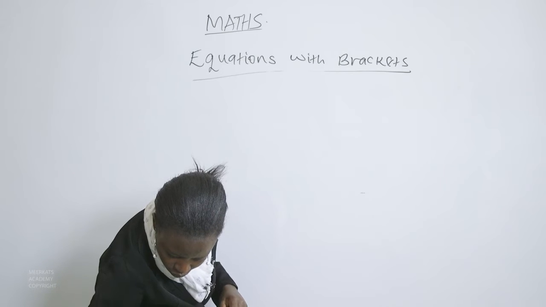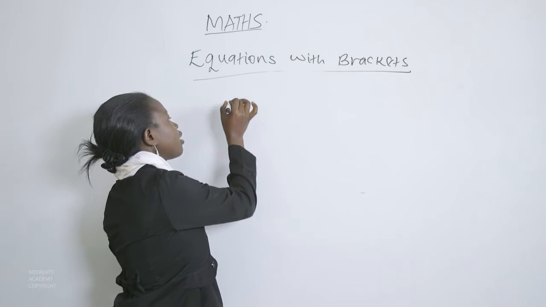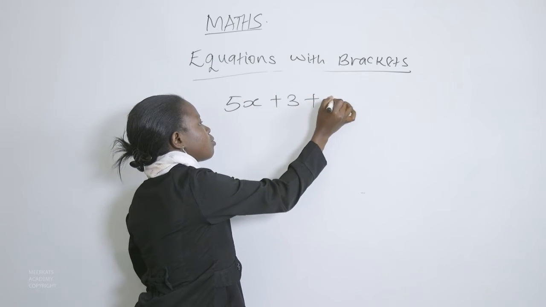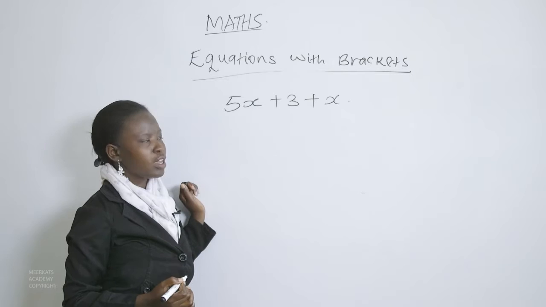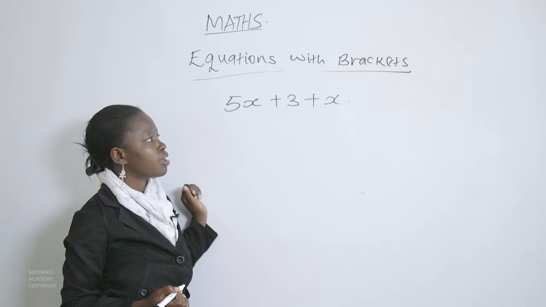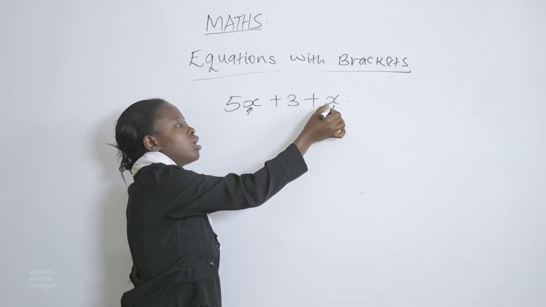Another expression that requires us to simplify, we have 5x plus 3 plus x. So that is an expression in which we need to collect the like terms. In this case, our like terms are 5x and x.